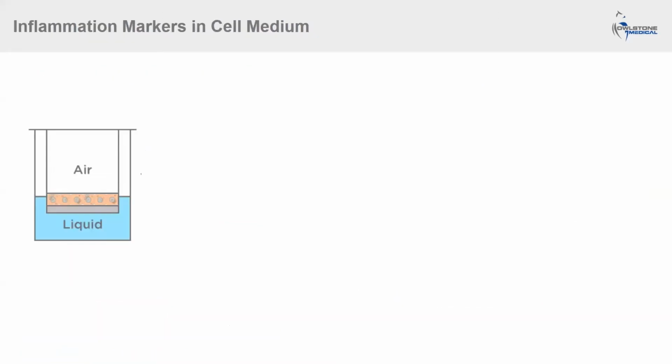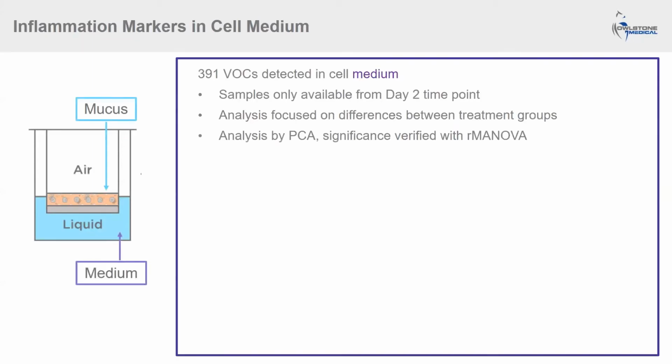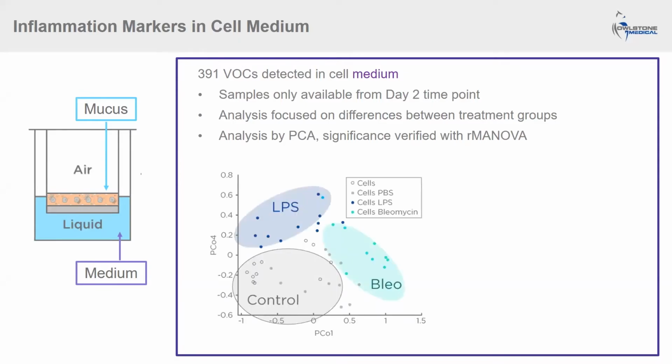So let's start by looking at the results obtained for the media samples. We collected the media at the day 2 time point. We collected the headspace, we measured the samples, and we were able to detect 391 different volatile organic compounds that were excreted in the media samples. We analyzed the data, checking if we see some natural groupings and some statistically significant differences.